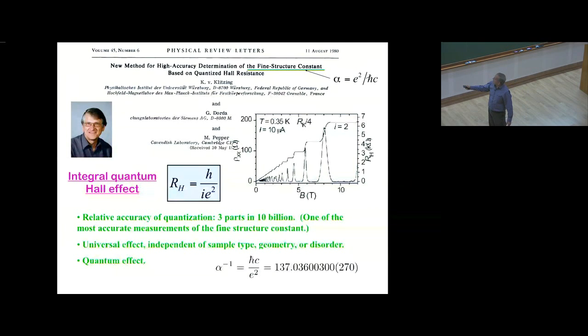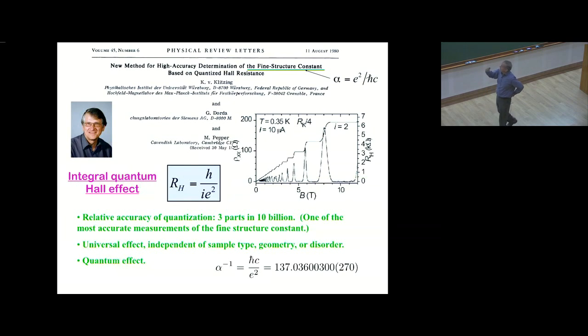But at higher magnetic fields, he found that there were these regions where the Hall resistance was constant. It was not changing at all. And moreover, the ordinary resistance, which is shown by this lower curve, almost vanishes in this region. So wherever you see a constant Hall resistance, the ordinary resistance is almost 0. It's not exactly 0, but it's exponentially small, and it's going to 0 as temperature goes to 0.